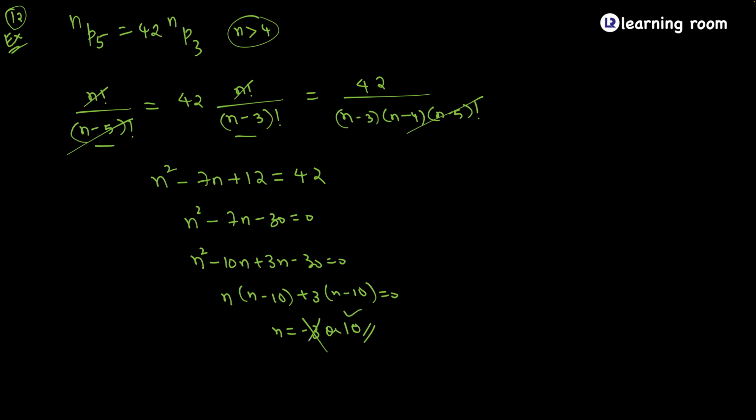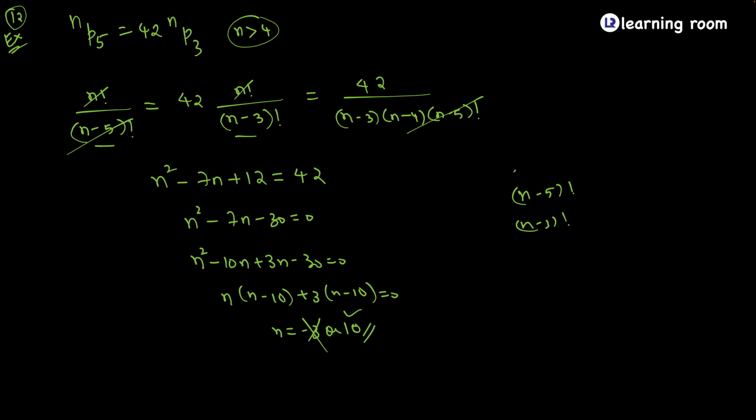So can you try the next one? Any doubt? You have to subtract one, no? I asked you a question: out of n minus 5 factorial and n minus 3 factorial, which one is more?